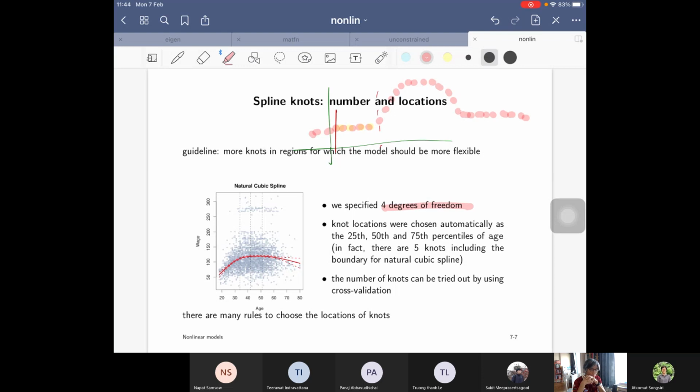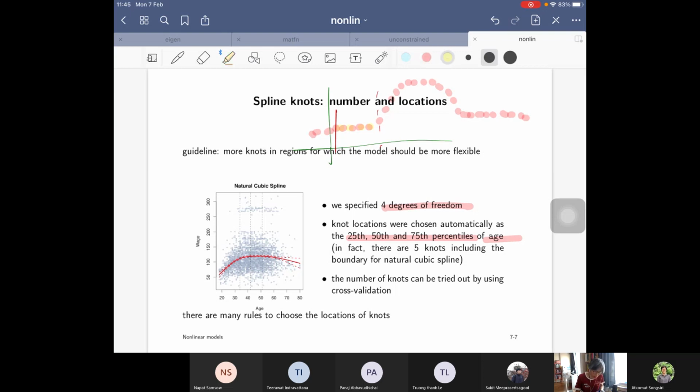The knot locations are chosen automatically by sorting the data and looking for the percentiles of the predictor. And the number of knots can be chosen by cross validation as well.